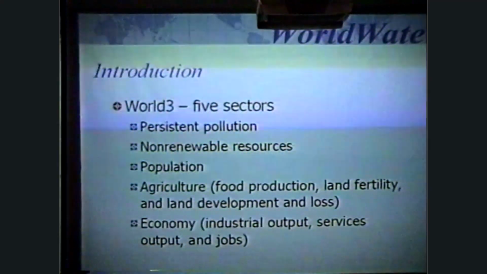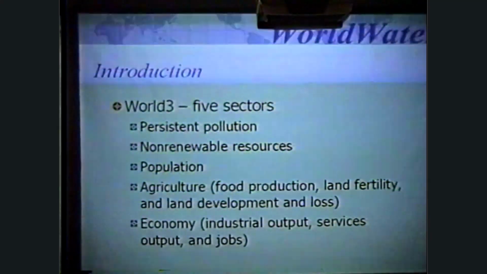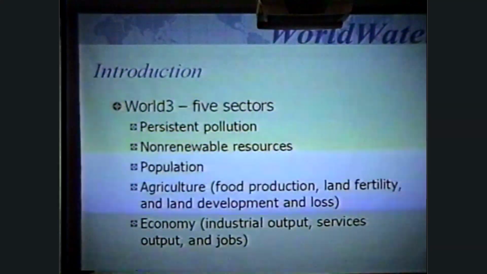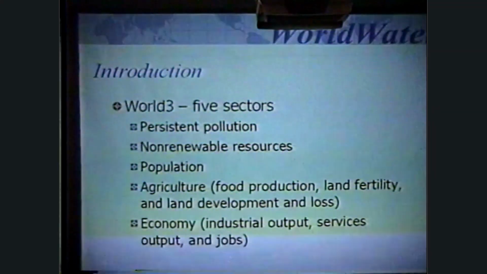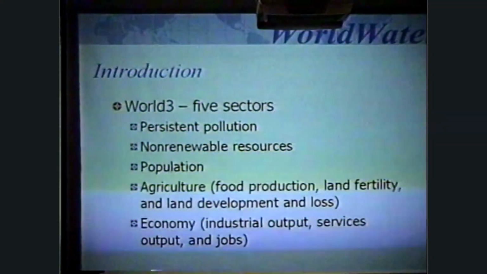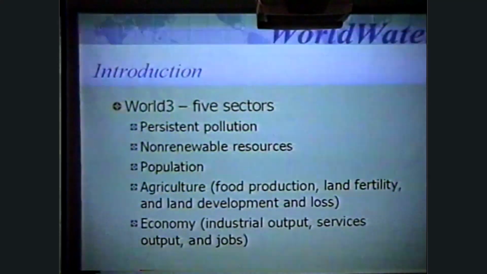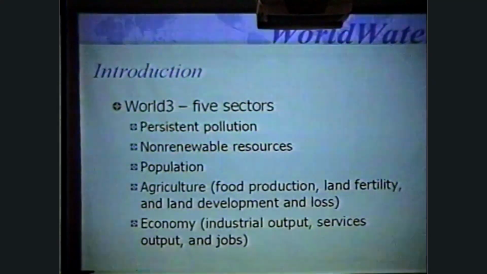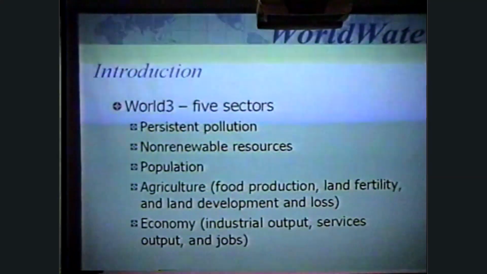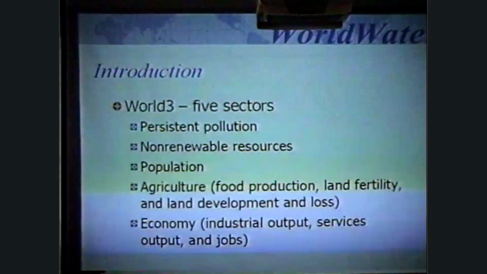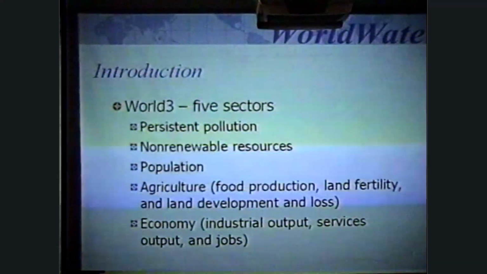Persistent pollution is incorporated in the model, non-renewable resources, population, agriculture through food production, land fertility, land development, loss through erosion, and so on. Economy through industrial output, services output, and jobs. But no explicit consideration of water, even though water is actually touching all of these different sectors.